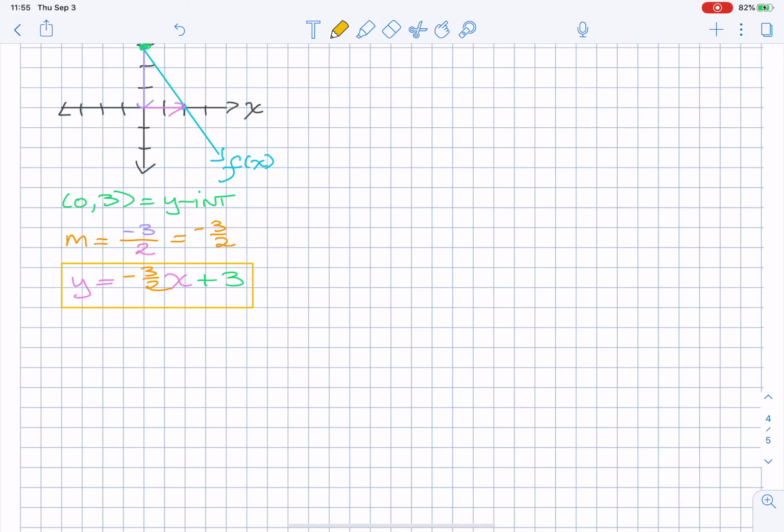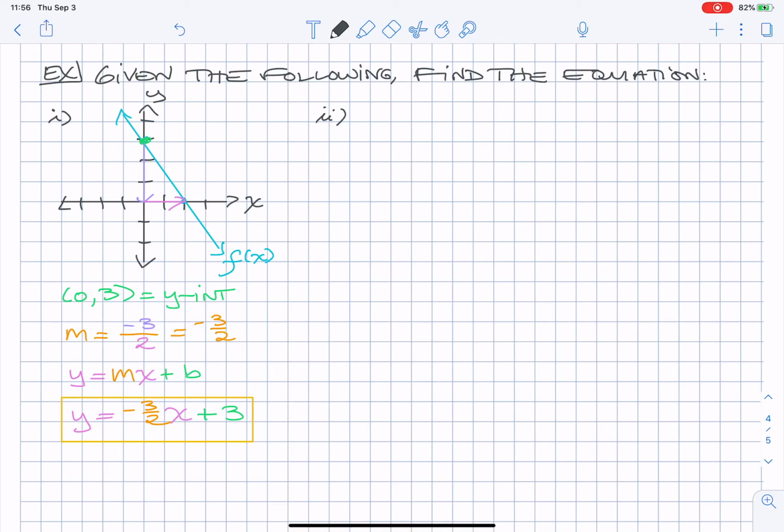Okay, so let's do number 2. X and y coordinate axes. Let's go 1, 2, 3, 4, 5, 6, 1, 2, 3, 4, 5.